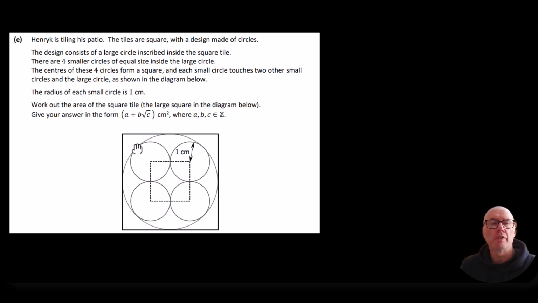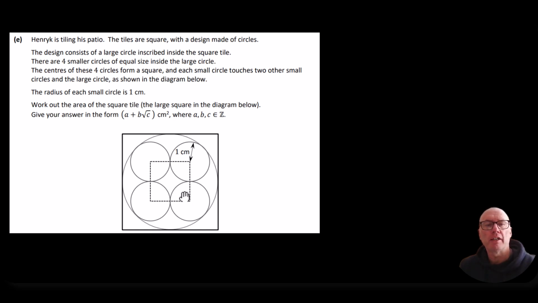So I'm going to look at the diameter from here down to here first, because if I can find this distance here, that's the diagonal of the square, all I've got to do is add 1 centimeter and add 1 centimeter, and that will give me the diameter of the big circle, because the radius of the small circle here is just 1 centimeter. So what I've got to do first is find this diagonal here.